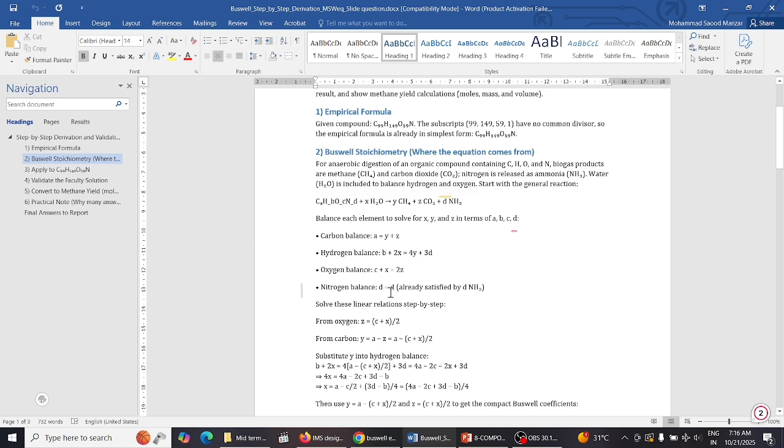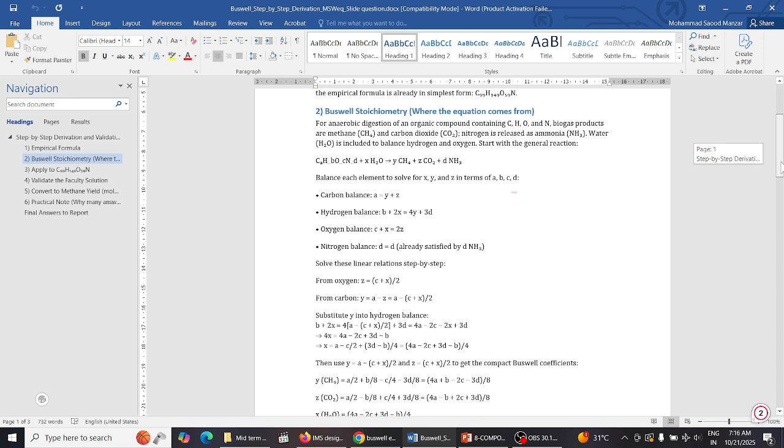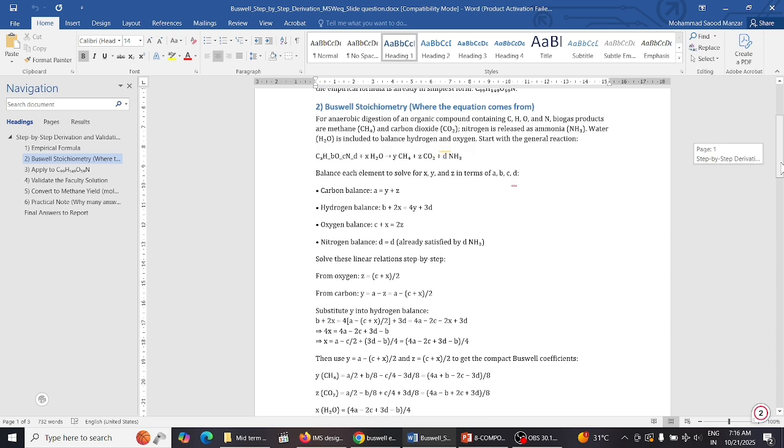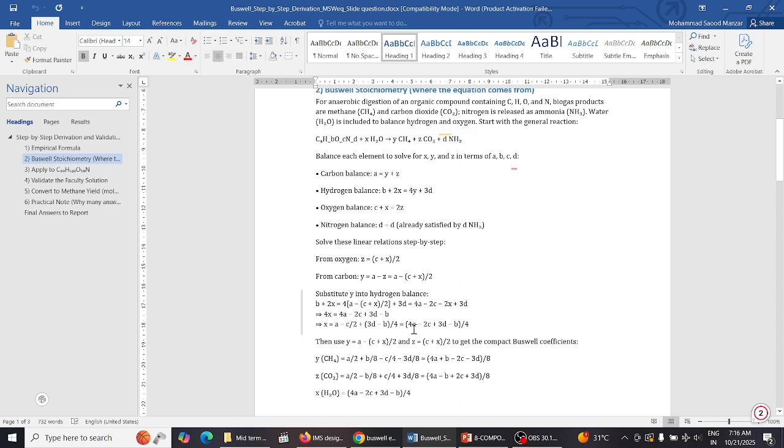Now by solving these equations in terms of each other, z equals (c plus x) by 2, and y equals a minus z. Substituting into each other, x equals (4a minus 2c plus 3d minus b) upon 4.